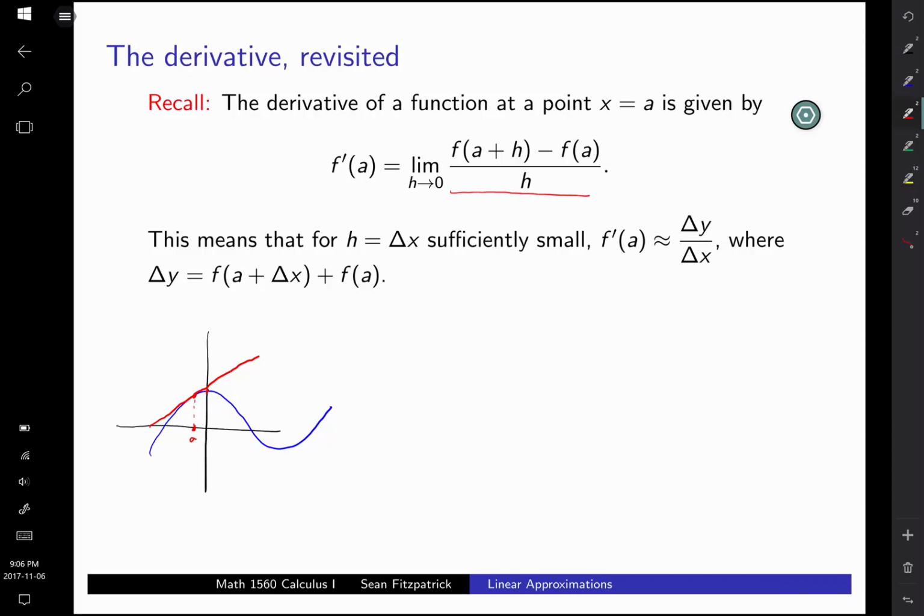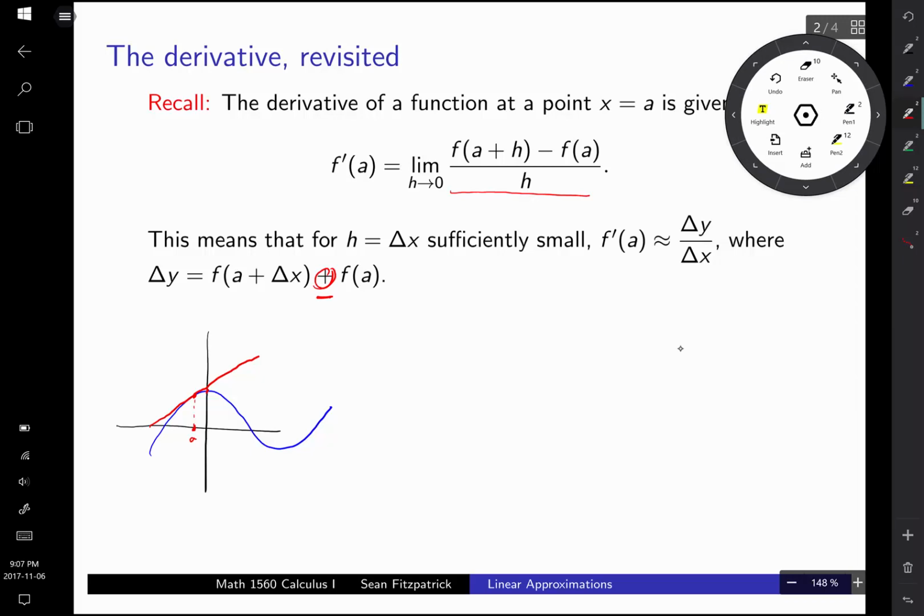And so if you think about it, delta y is, let's fix that, right? Not plus, but minus. It's the difference between f at those 2 points. Let's see, I can probably turn my pen into an eraser.